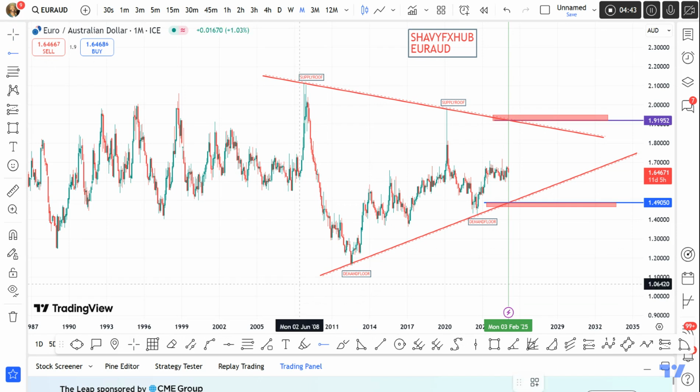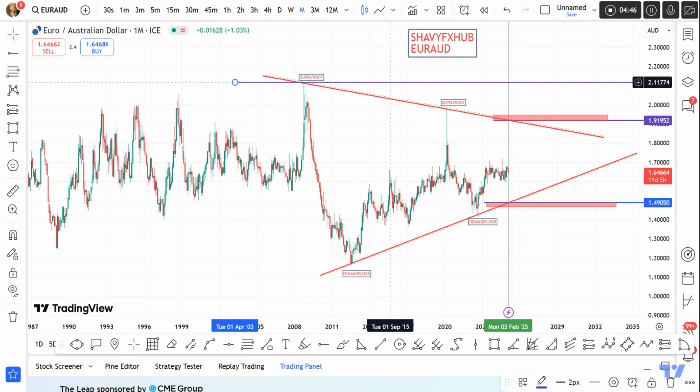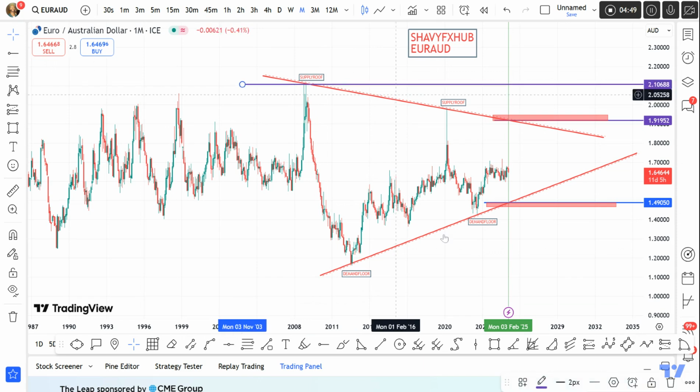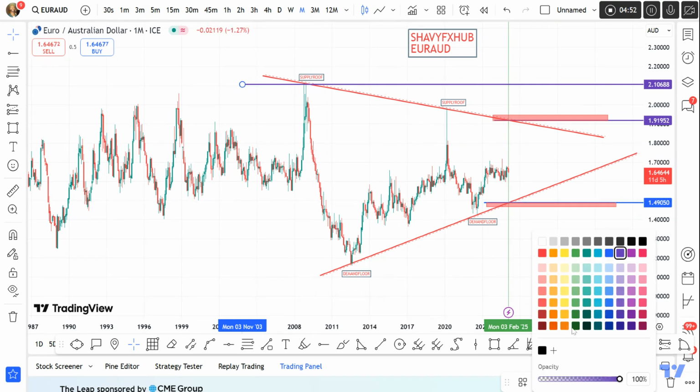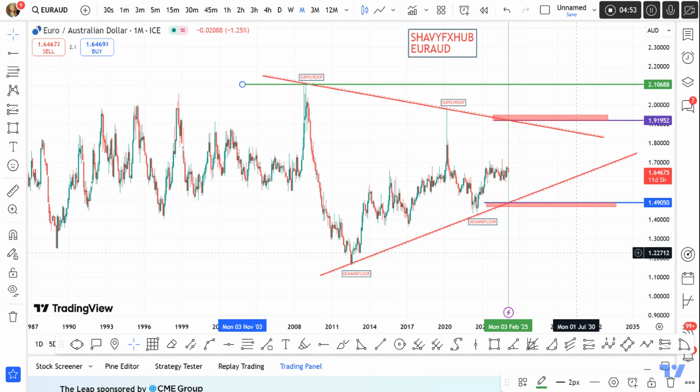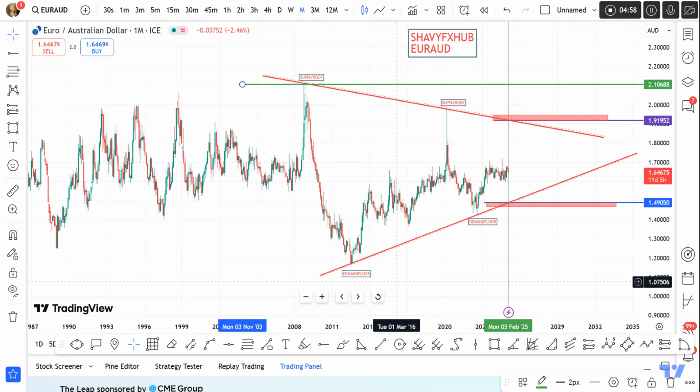Now, look at my point. Because every time we state anything in the financial market, we want to buttress our point. If you look at the price action in 2008, you need 2.10688 Australian dollar to afford 1 euro.